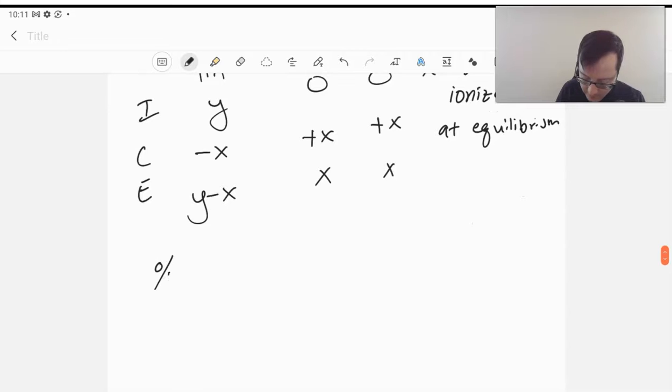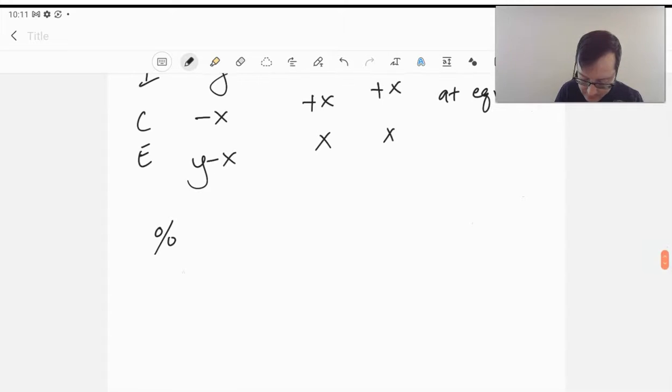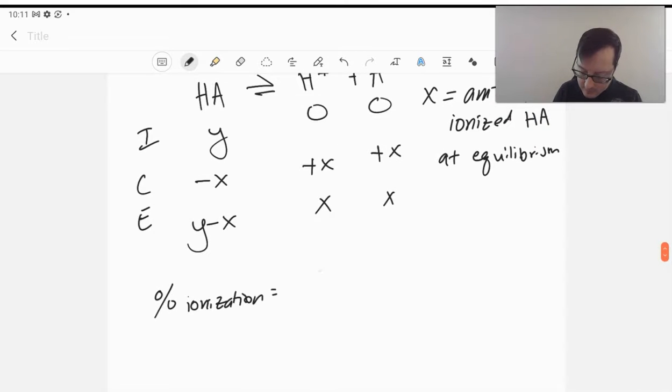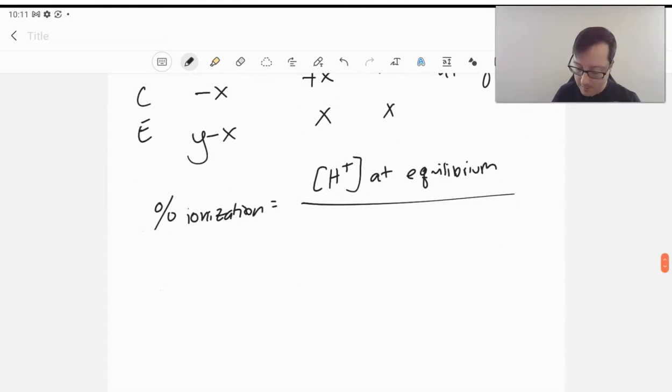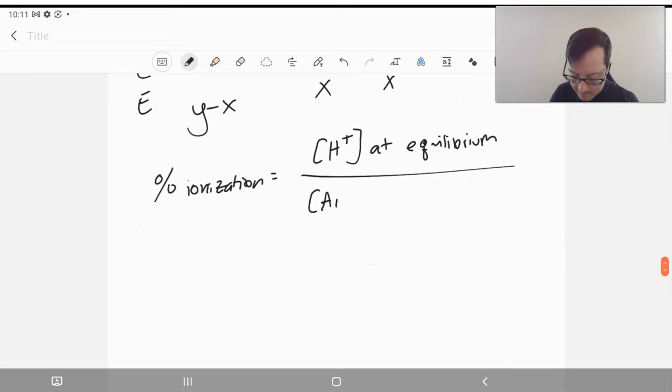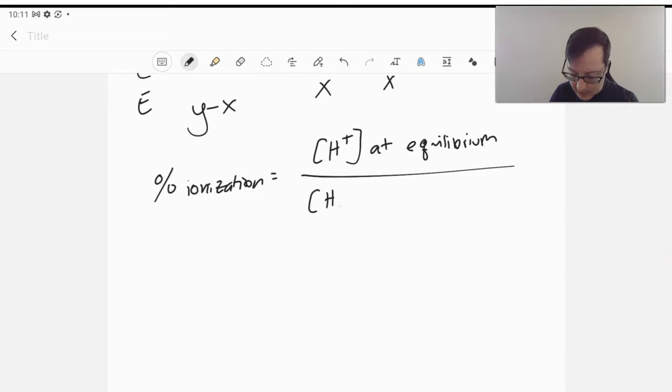If we want to rearrange this equation, percent ionization is going to be your concentration of H+ at equilibrium and the total amount of HA. Since this is just looking at the ionized amount, the total amount is actually the amount we started with. So that'll be HA initially.